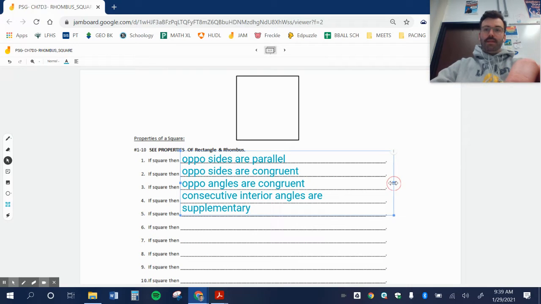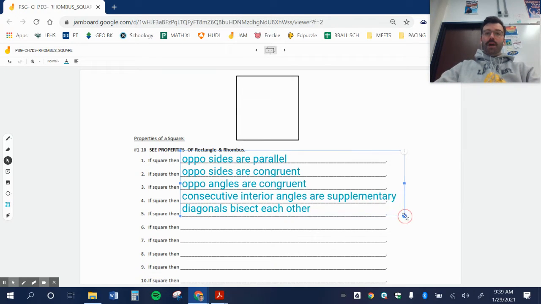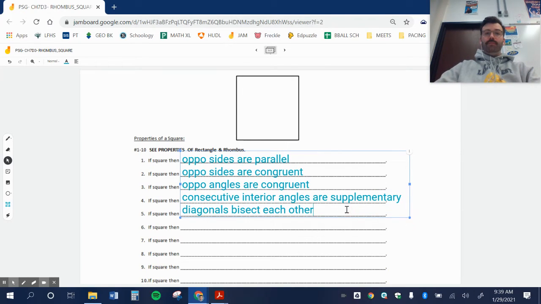Remember, consecutive is another way of saying same side. So boom, boom, same side, boom, boom, these two are consecutive. Lastly, the diagonals bisect each other. So those five properties are properties from the parallelogram.